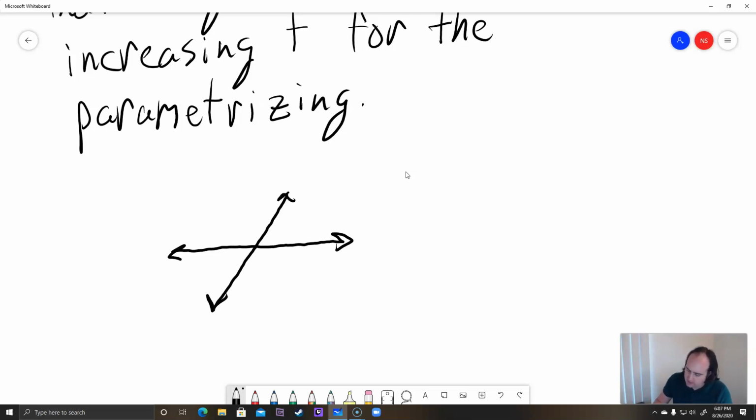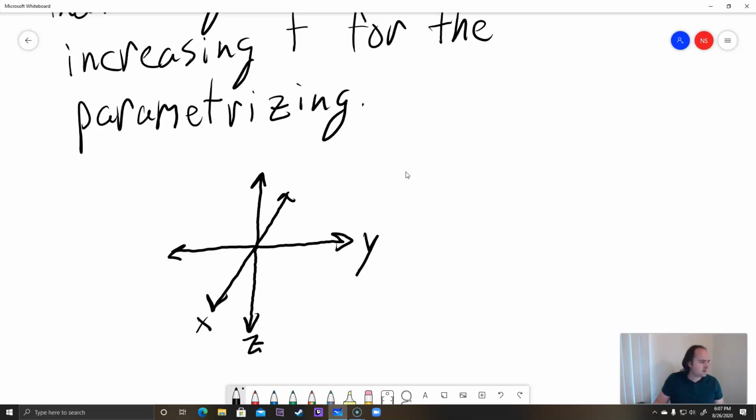Okay? So here's our x-axis, our y-axis, and then the vertical axis is going to be our z-axis. Okay, and then we just want to plot the 2 points that they gave us that we started with.